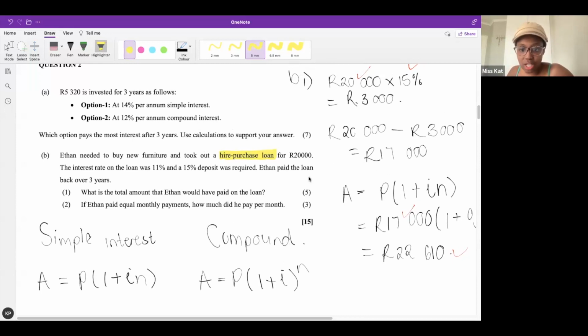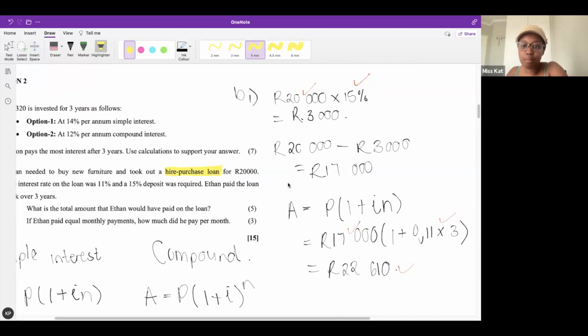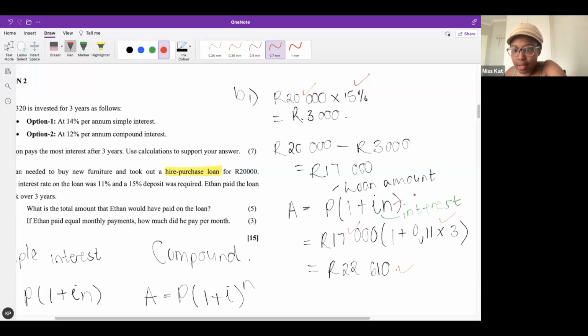And then I see in this chat, ma'am, how did we get 22,610? Look here. This is a formula for simple interest, right? So P is your principal amount, meaning the amount that you borrowed. This is your loan amount. And then 1 plus, and your I will be your interest rate, and your N is your number of years.